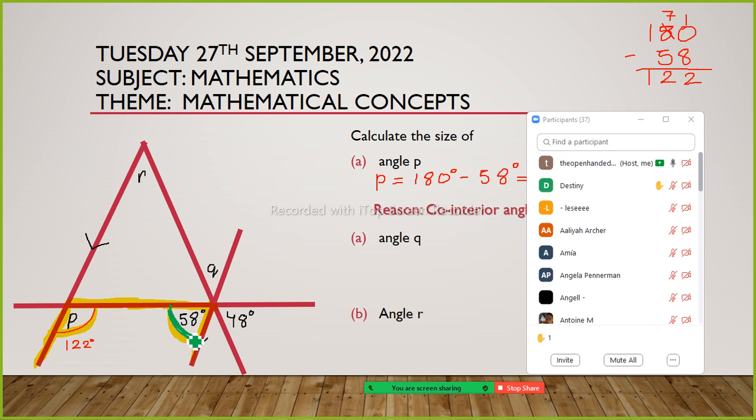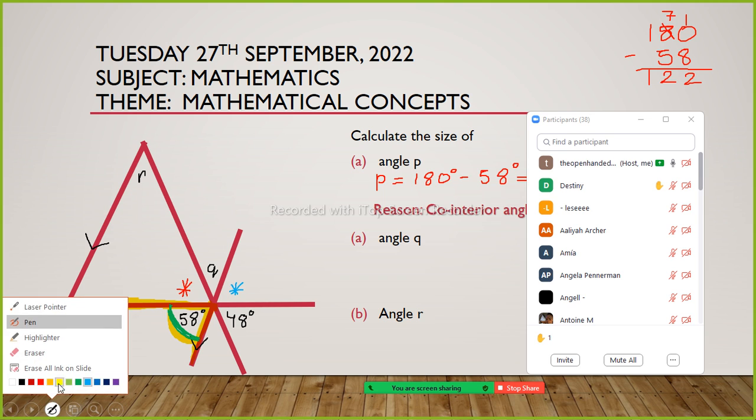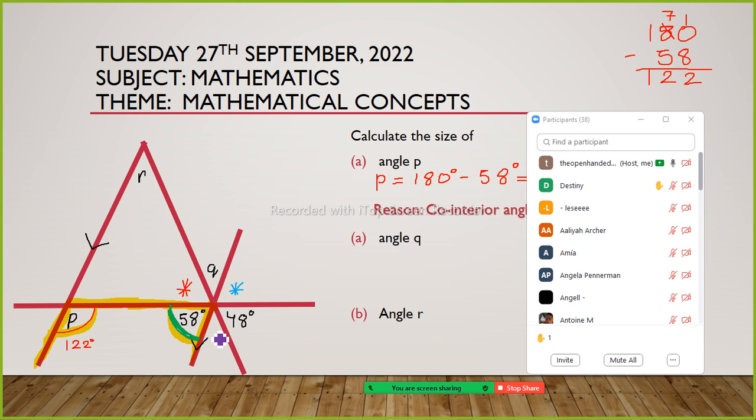Let me give you options. Is it the one in the red asterisk? Is it the one in the blue asterisk? Or is it the one in the purple asterisk? Which one is 58 vertically opposite to?